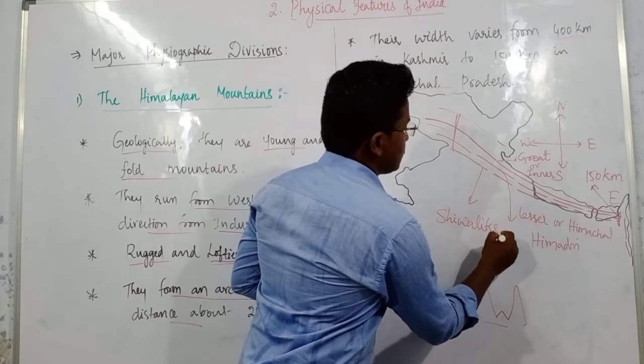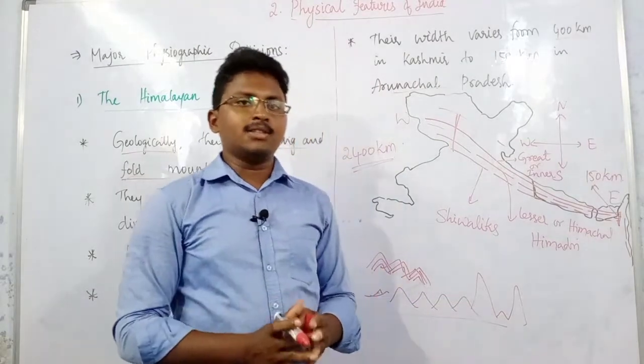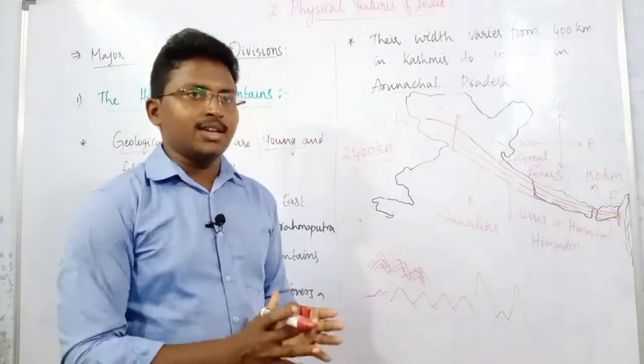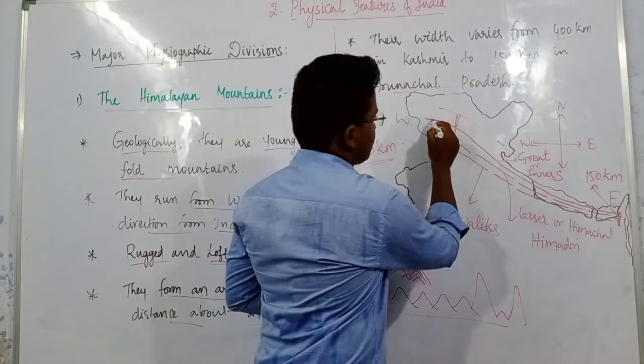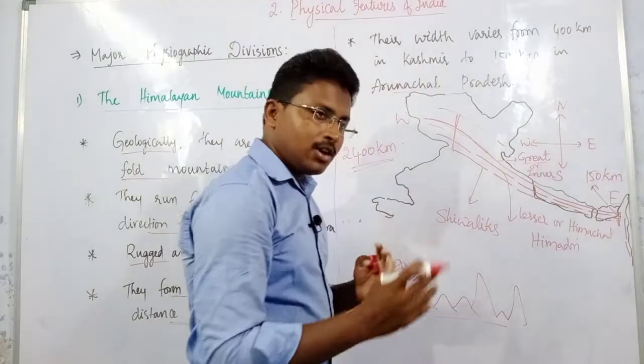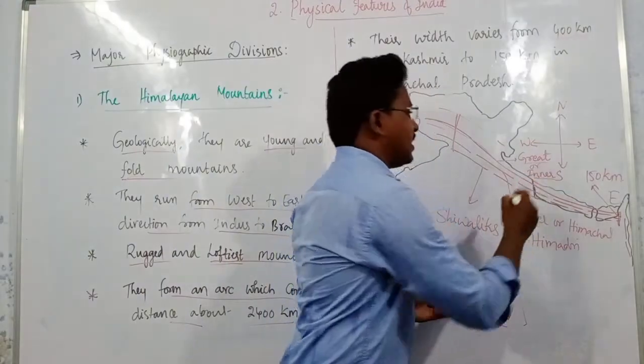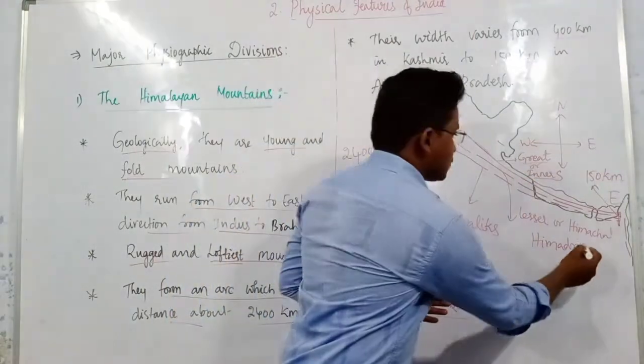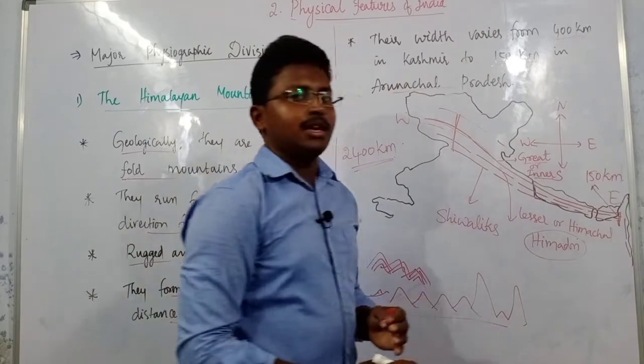So the Himalayas are further subdivided into three different ranges. The topmost one we call the Great Himalayas, or the Inner Himalayas, sometimes Himadri.